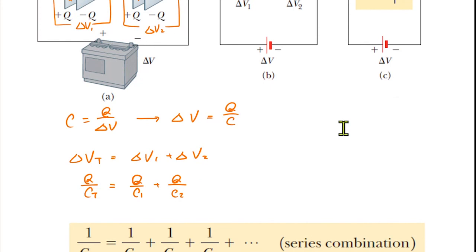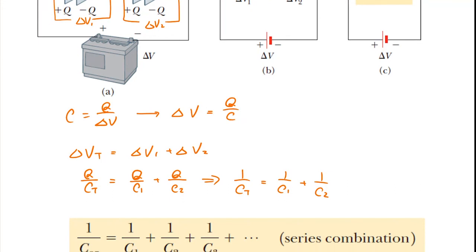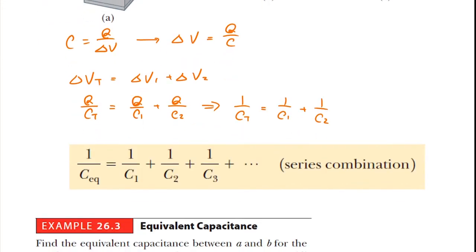You get it? So far with me? And then divide both sides by Q. And then you have this one weird relationship. This is not the same thing as a reciprocal, right? I mean, I hope you know that much. So algebra does not work like that. Okay? So if you have multiple of them, this is how you calculate the total capacitance.